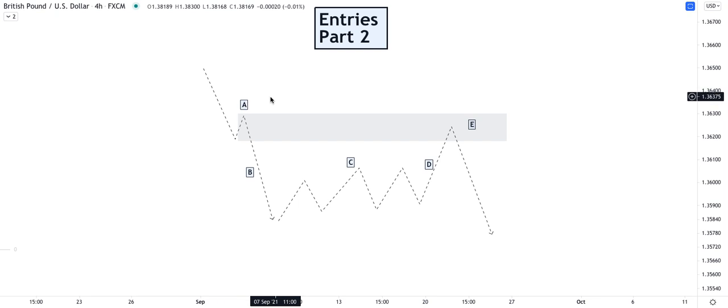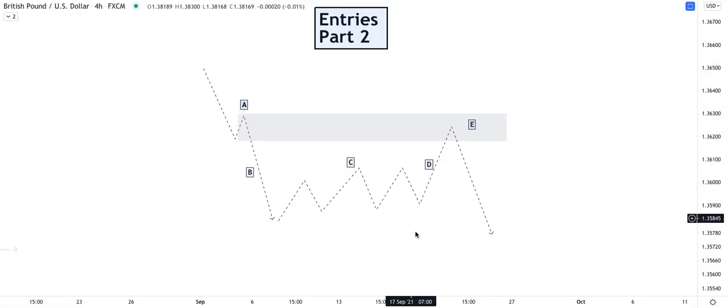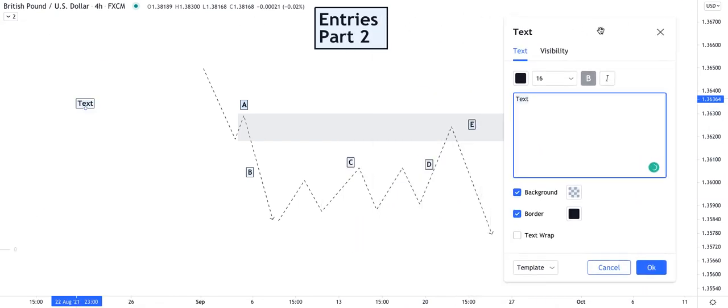So first of all, let's put some context in here. Text. Okay. So we want a full body candle. B, strong impulse out of the zone.